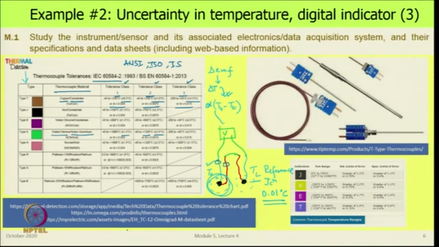So, this is a table where we have now learned that even without buying anything or having an instrument with us, if we can look up IEC 60584 or any of its equivalent standards, we know what accuracy to expect in these types of devices whose picture is shown on this side here. What you are seeing here is the shielding, stainless steel shielding. Inside this is the thermocouple, the wire is coming out there and it is connected at the other end to a plug which is the connector.